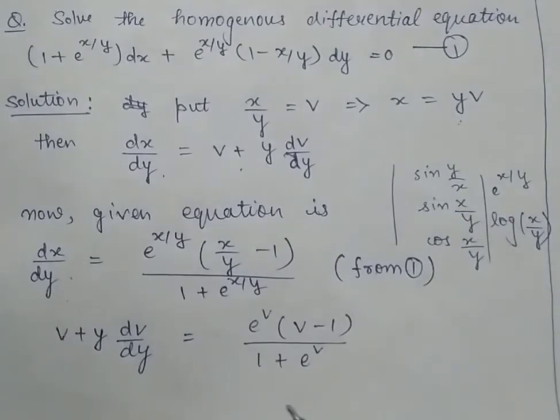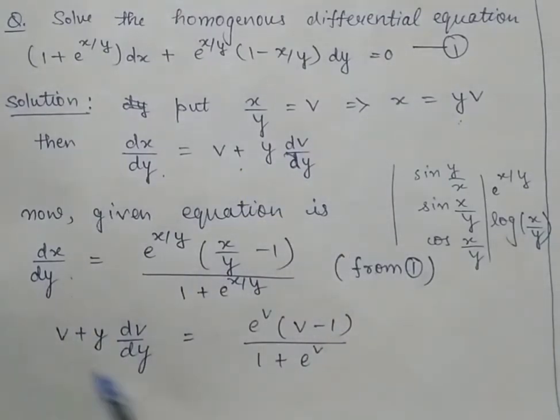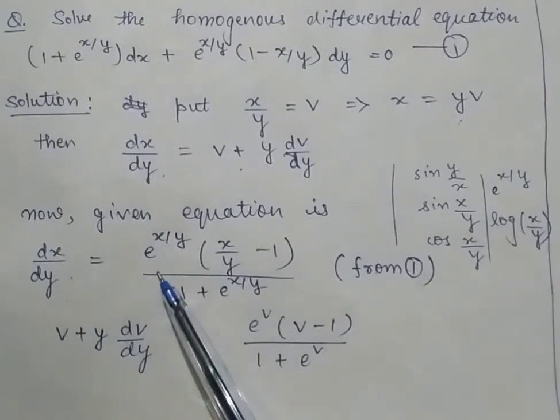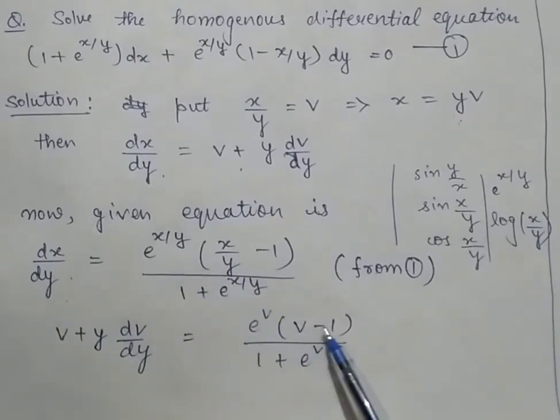So in the given equation, in place of dx by dy, I write v plus y dv by dy, which is equal to e raised to the power v, in place of x by y I write v, (v minus 1) divided by 1 plus e raised to the power v.